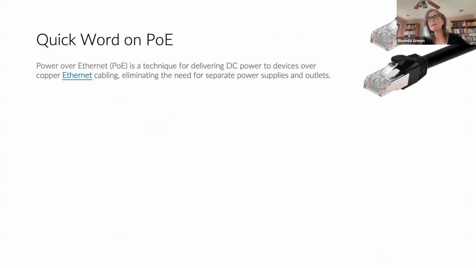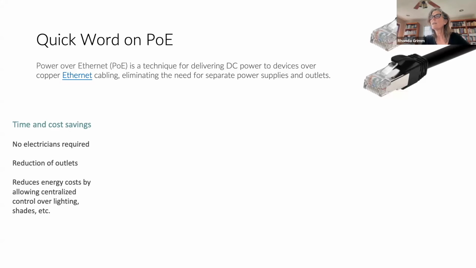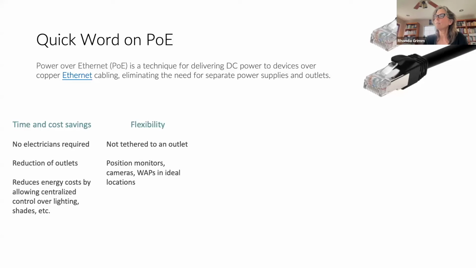You've probably heard of PoE cabling. That is power over Ethernet. It's designed so that you can get power over the Ethernet cable, so you don't have to run separate power supplies and worry about outlets. How many times have you tried to plug something in and there's no outlet close? It's low voltage, and the time and cost savings are great. You don't have electricians to worry about. You don't have to put in new outlets.